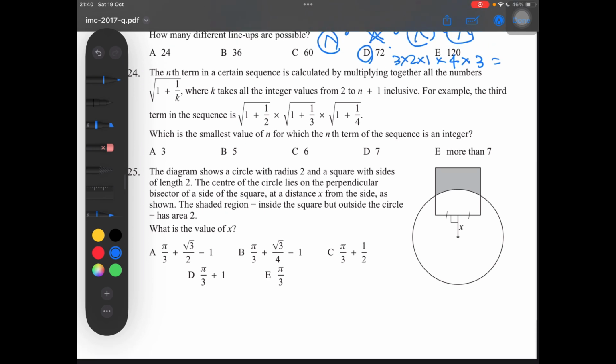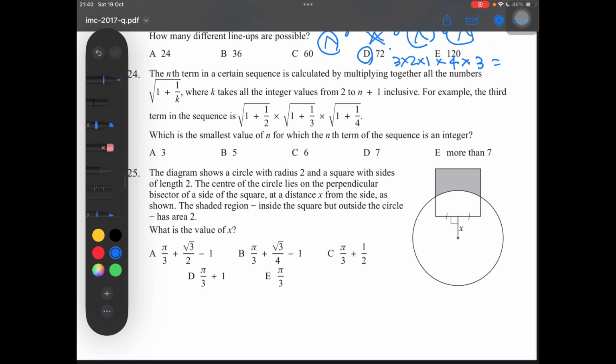Number 24, nth term of a certain sequence, multiplying together the numbers like that. Smallest value for n, an integer. Okay. So let's say this is 3 over 2 times 4 over 3 times 5 over 4, and so on.